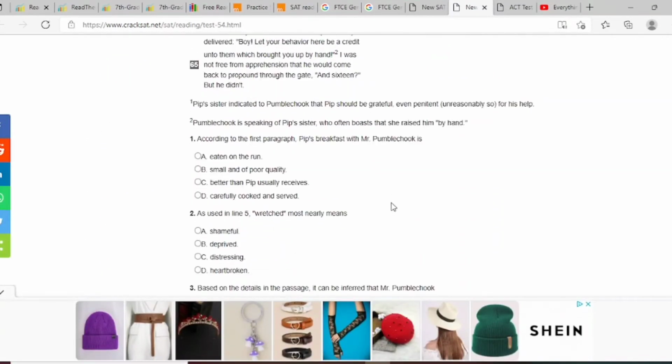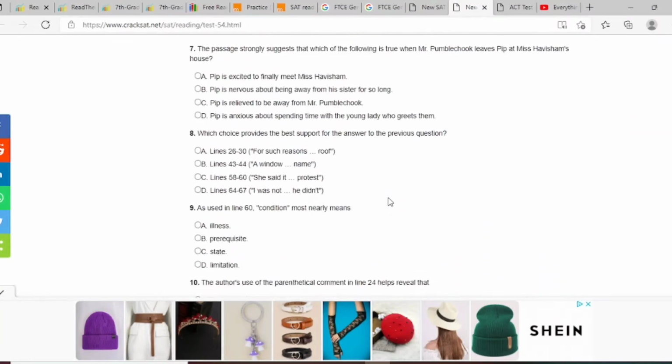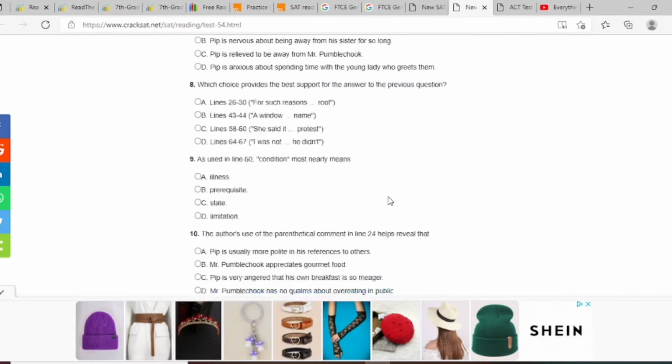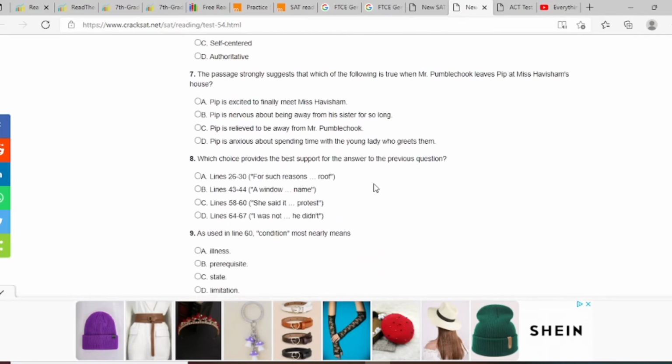The only problem I have when using SAT practice questions is that sometimes the type of questions they ask on the SAT you will not see on the reading exam.